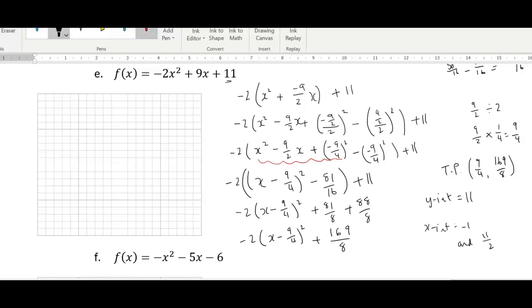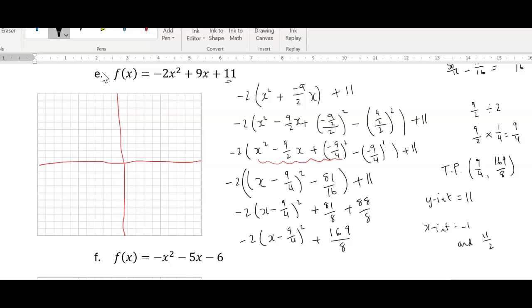All right, so I just sketched it. Hopefully I sketched it correctly. So let's draw it. I've got an x-intercept of negative 1 and 11 on 2. Your y-intercept is at 11.